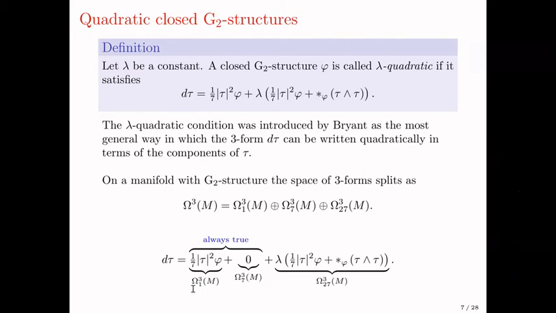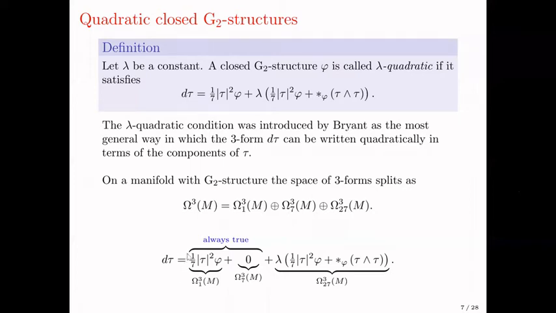This term belongs to the 1-dimensional piece, which is spanned by the 3-form, so it is just a multiple of the 3-form. And this term belongs to the 27-dimensional piece. It just turns out that because of the algebraic symmetries that tau must satisfy, this particular combination must lie in the 27-dimensional piece. Furthermore, this 0 lies in lambda 3/7 of n.